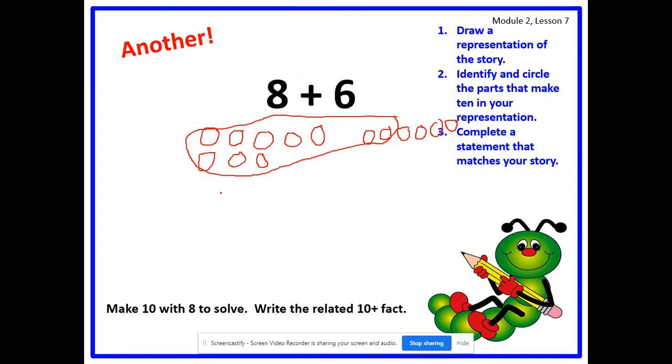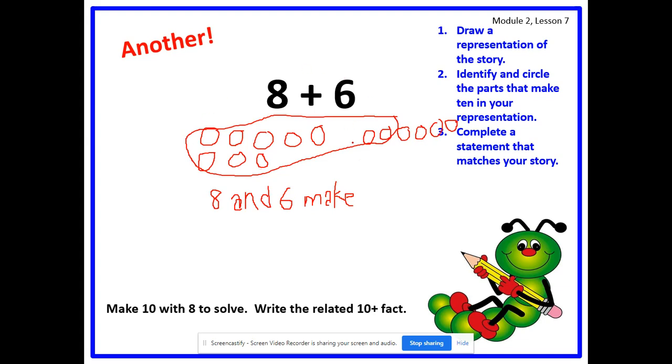Step 3, complete a statement that matches your story. So we're going to go ahead and write, I write, you write. We're going to write 8 and 6, because these are the parts from our expression, make... What is our answer?